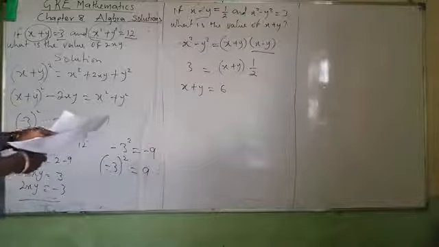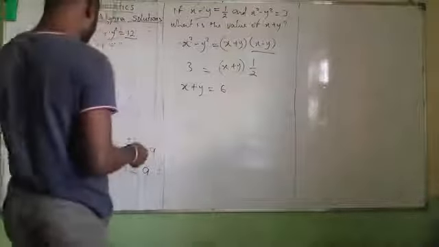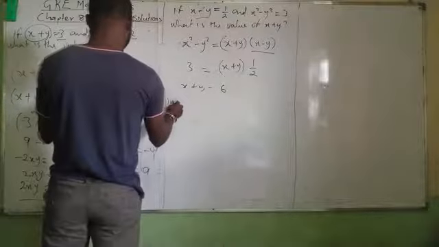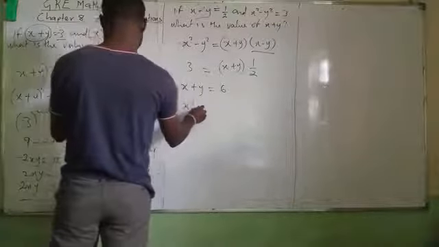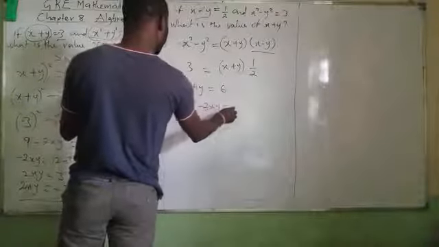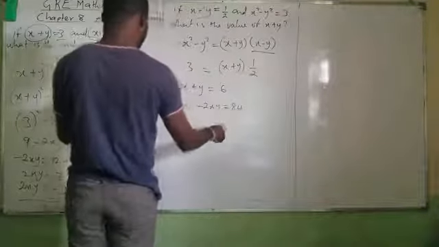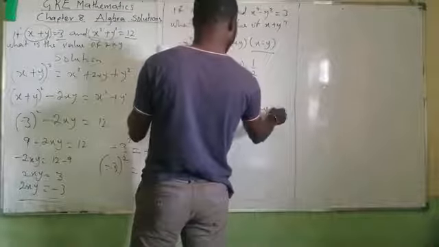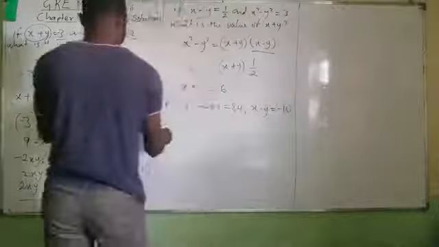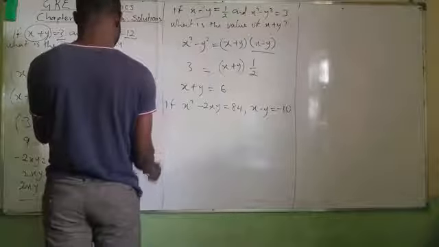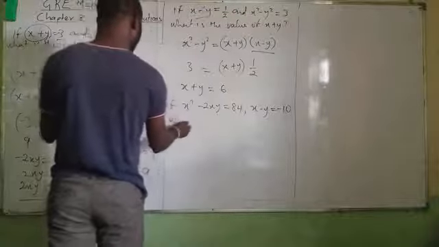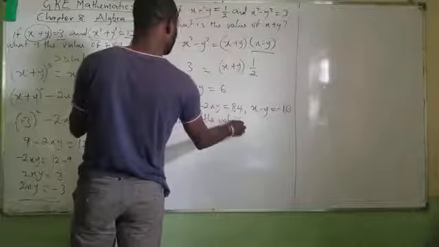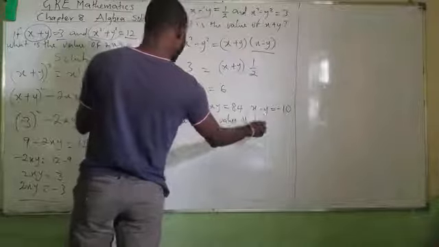That is the answer. Now, another question is here also. We're told that if x squared minus 2xy equals 84, and x minus y equals minus 10, what is the absolute value of y?